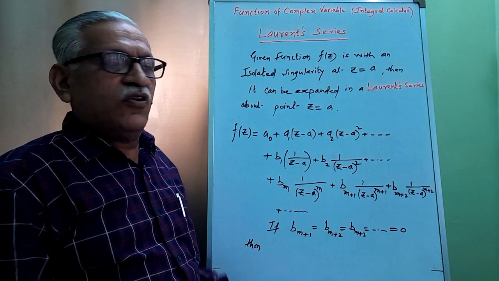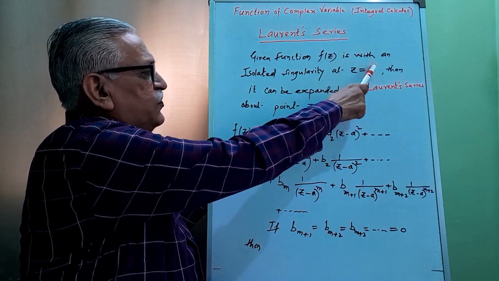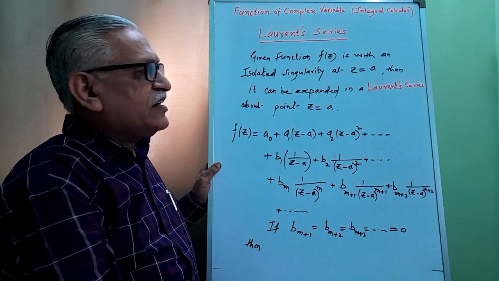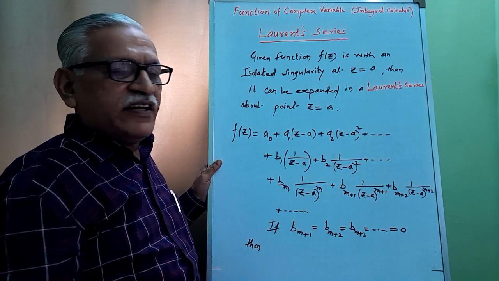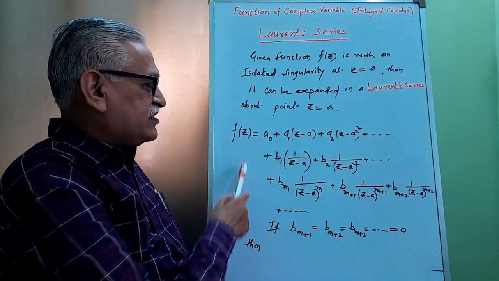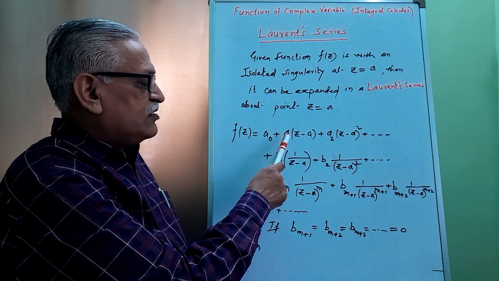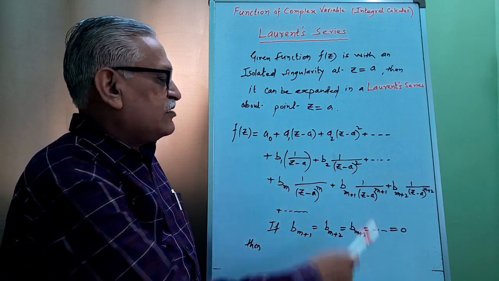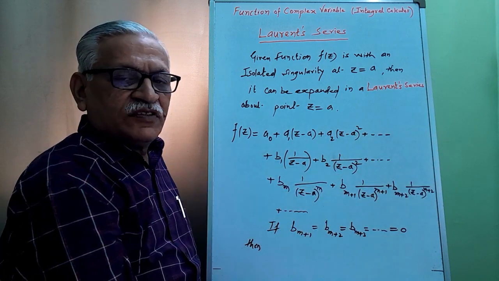Next definition, Laurent series. Given function f(z) with an isolated singularity at z equals a, it can be expanded in a Laurent series about the point z equals a like this. f(z) is equal to a0 plus a1 into (z minus a) plus a2 into (z minus a) whole square plus so on.